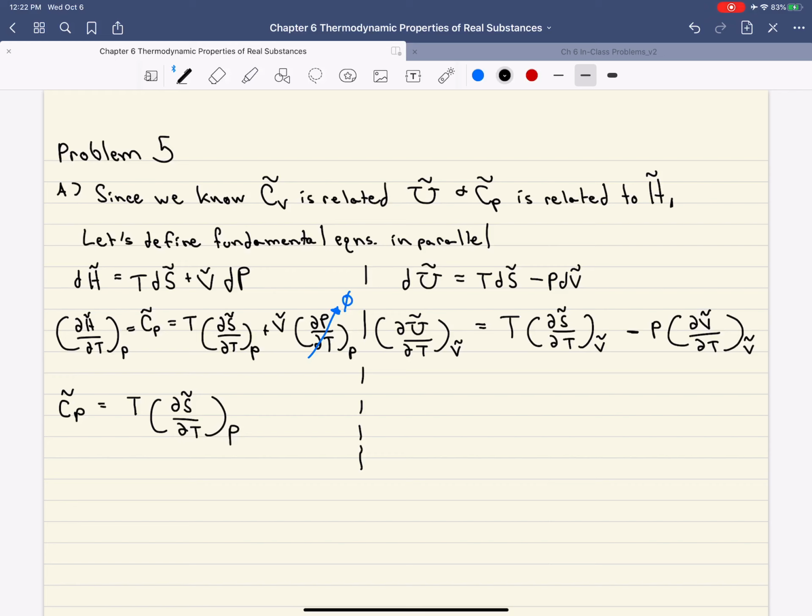All right, and once again, here we have the partial derivative of V with respect to T at constant V. So that's going to be equal to 0. And so this partial derivative is just equal to this. And we know that this here is just the definition of the constant volume heat capacity. So now we get Cv is equal to dS dT at constant V.